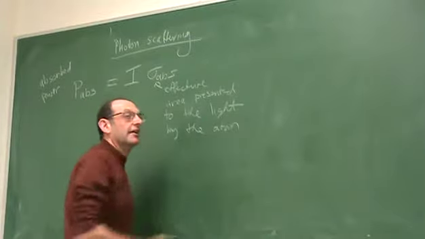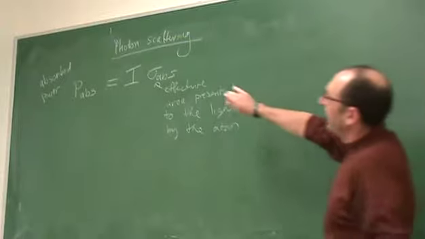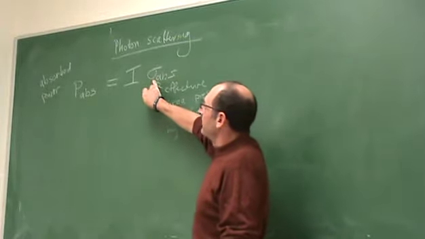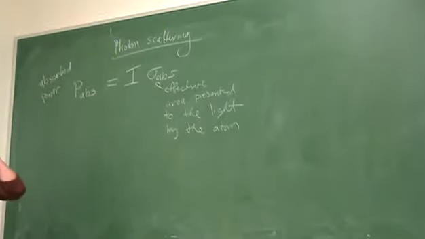So the atom is like a little bullseye with cross-sectional area. The cross-section, sigma, the absorption cross-section times that is the power absorbed. So let's calculate what that absorption cross-section is.